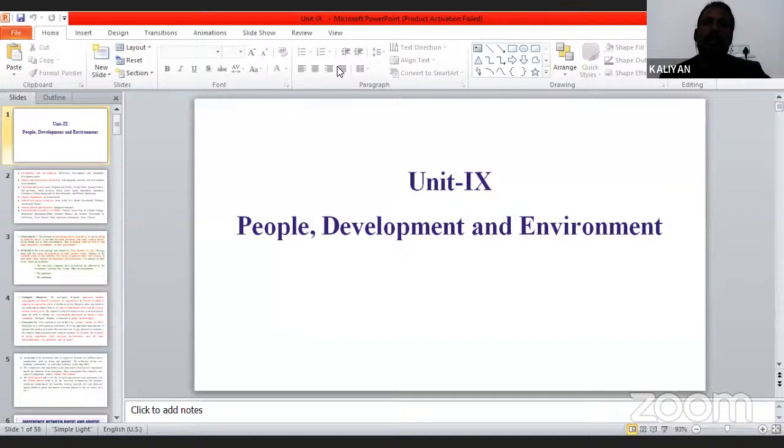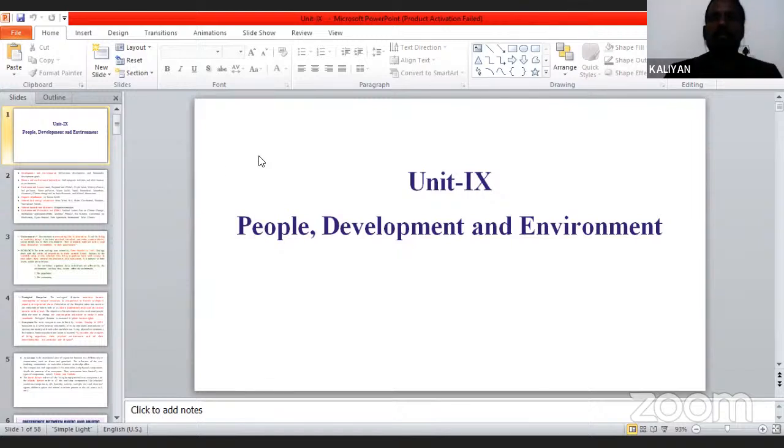I hope I covered the questions. As I already told you, in the paper there are 10 units, and in each unit they will ask 5 questions. So in this unit they will ask 5 questions.